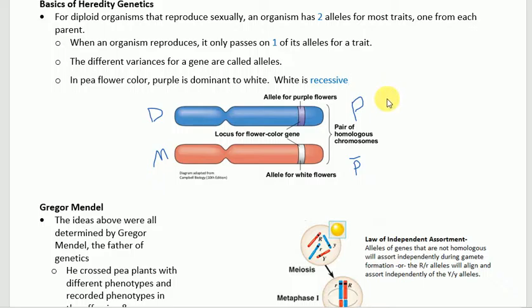So in this instance, we would have a genotype of capital P, lowercase p, and we would have a phenotype of purple, because again, the purple is dominant to the white.